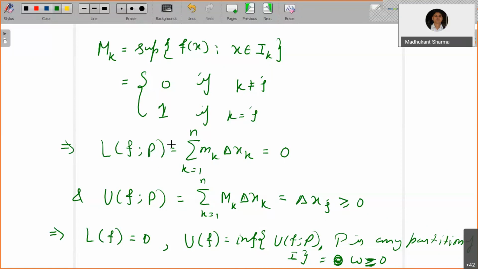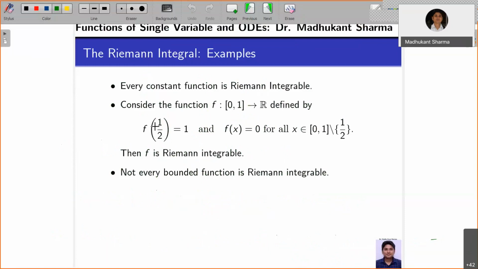There is a result that you will maybe soon learn: if a function is continuous everywhere on the closed interval [a,b] except at finitely many points of discontinuity, it is still Riemann integrable. Here there is one point of discontinuity, but you can extend this result to finitely many points, for instance 1 by 2, 1 by 4, 1 by 3, and so on.